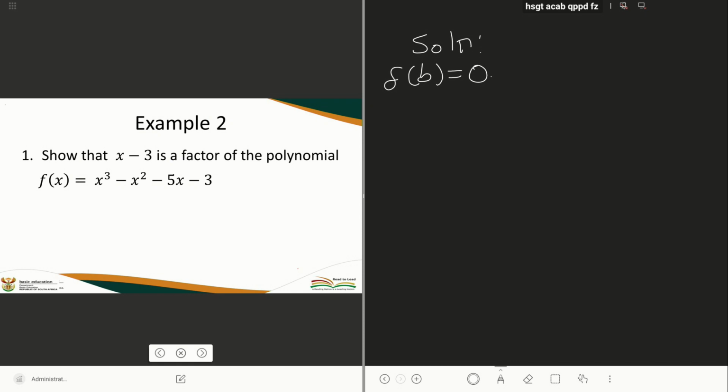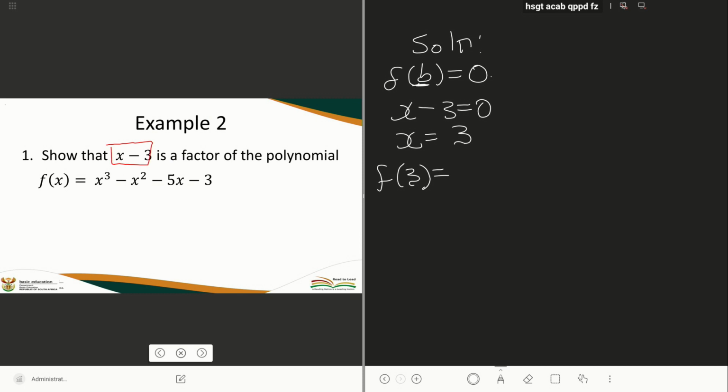Where do I get this b? How do I determine b? Straightforward. You take your divisor and equate it to 0. Therefore, x is equal to 3. In place of b, I have 3. So in other words, my f at 3 must be equal to 0.